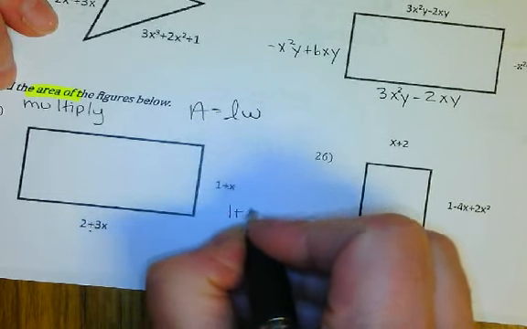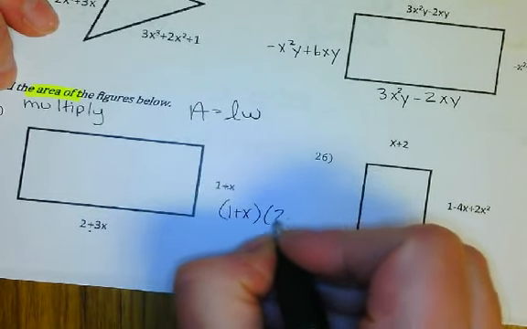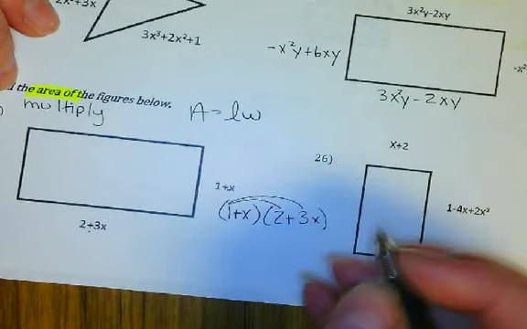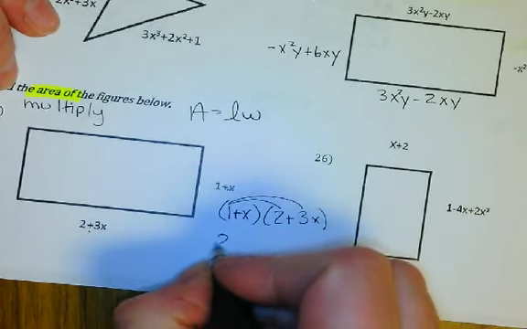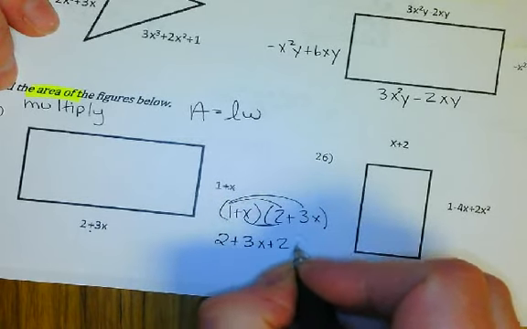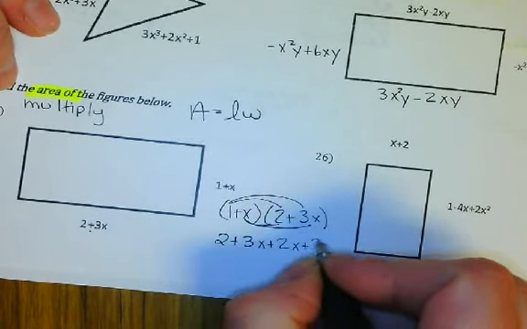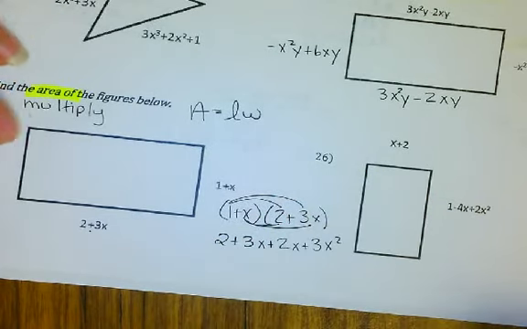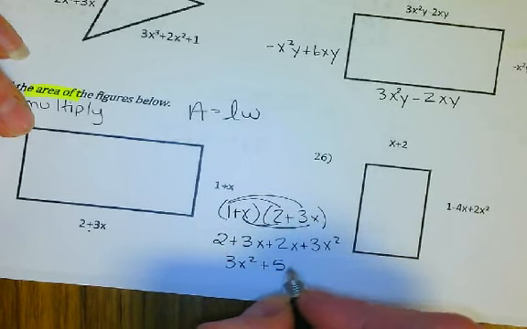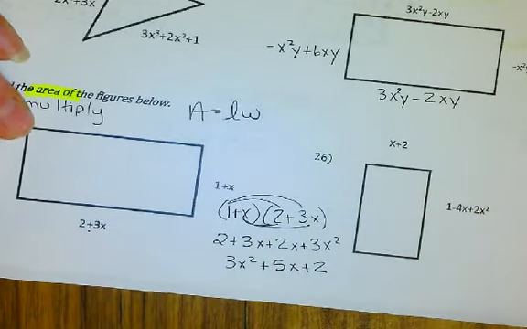So I'm going to do 1 plus x times 2 plus 3x. Okay? So that gives me 2 plus 3x. That gives me 2x. And that gives me 3x squared. Okay, so what I'm now left with is 3x squared plus 5x plus 2.